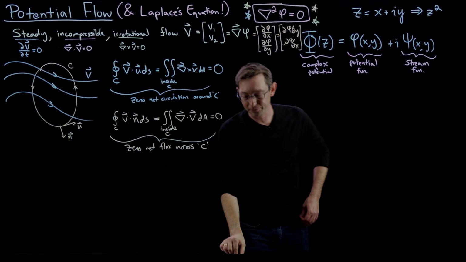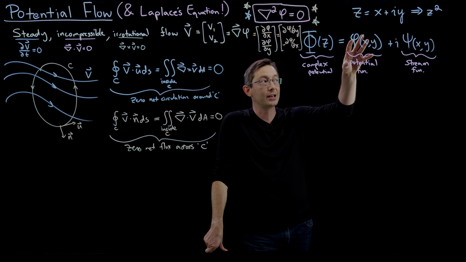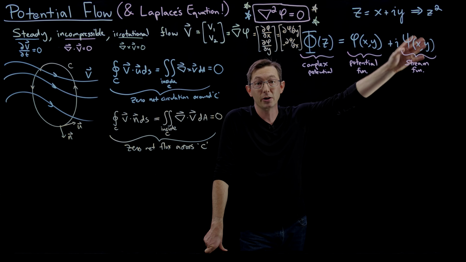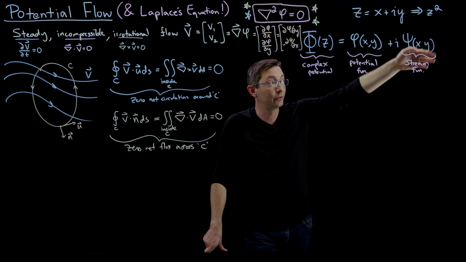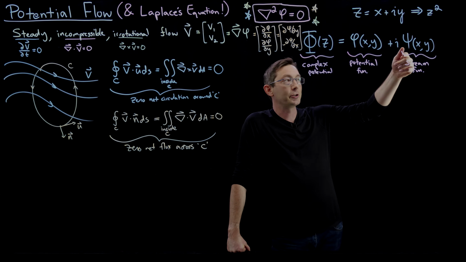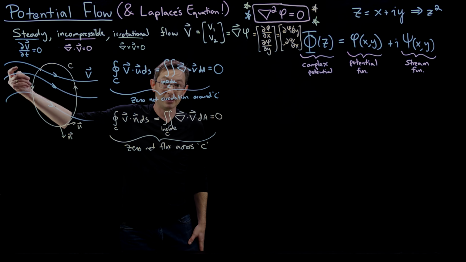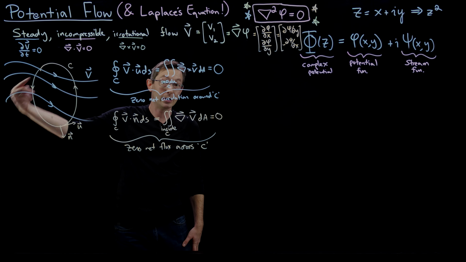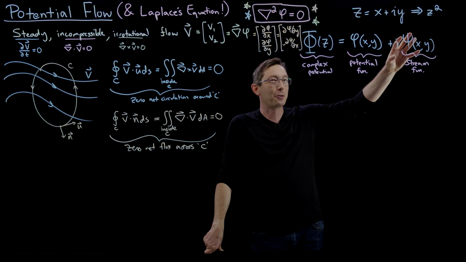Now, usually I work with the potential function. I am more comfortable with this. A lot of people work with the stream function in fluid mechanics. This is a very common representation of fluid flows because essentially level sets of psi actually give you these streamlines. The stream function is constant along streamlines of the flow, so that's a very, very useful quantity.